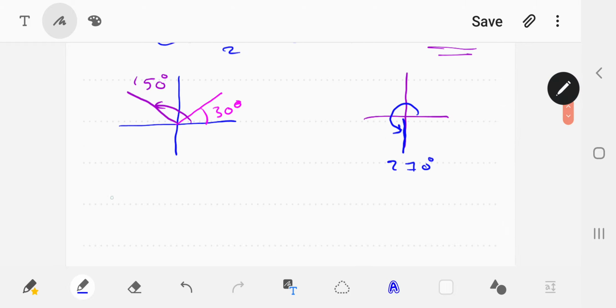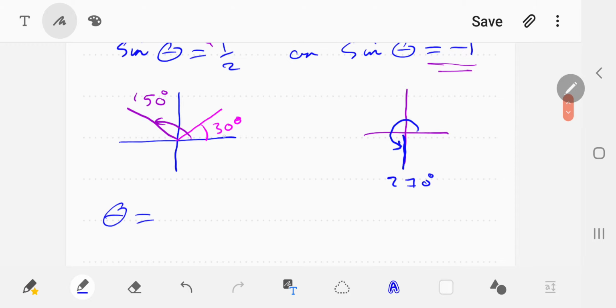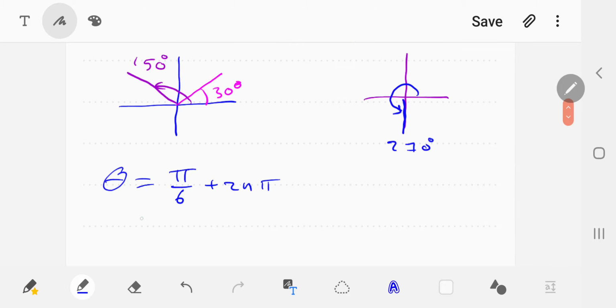So what are the solutions now? Theta equals, we have many solutions here. 30, so pi over 6, plus 2n pi. 150, so it's also 5 pi over 6 plus 2n pi. And also we have theta equals the 270, which is 3 pi over 2.